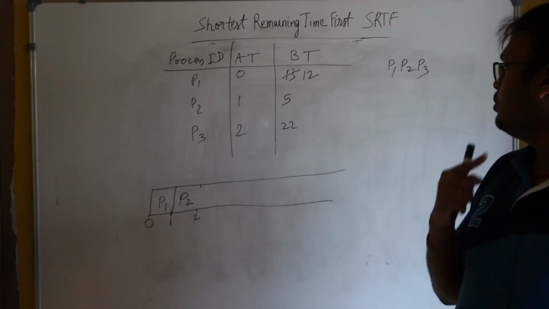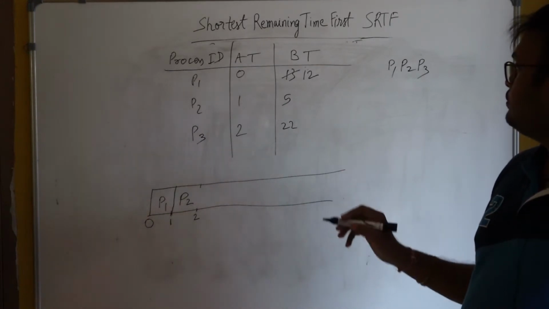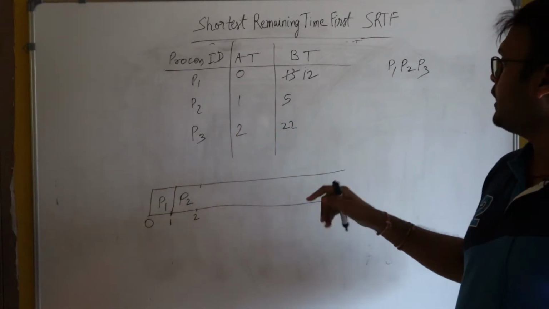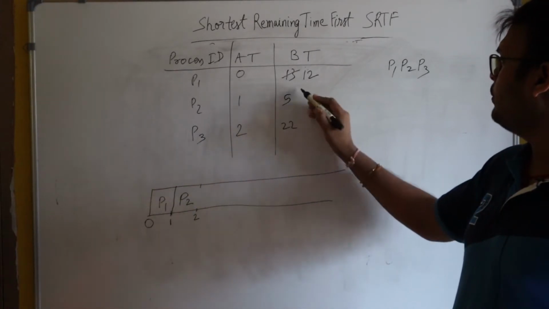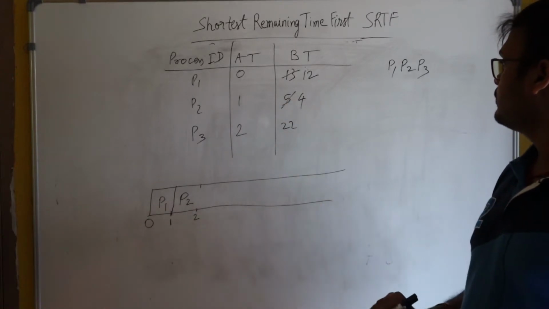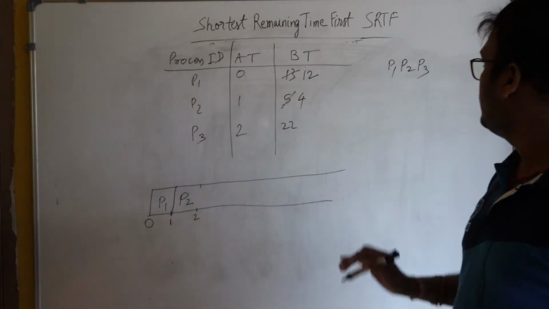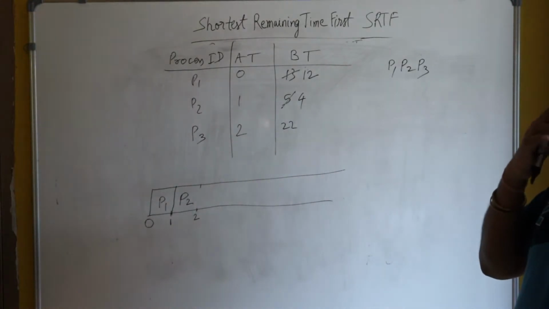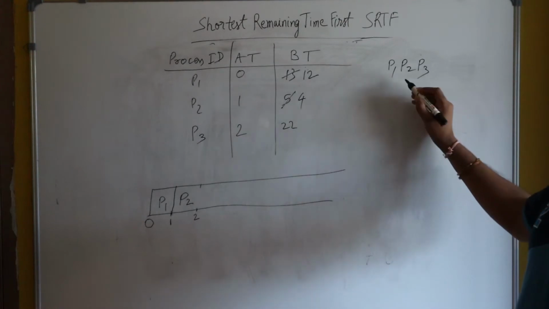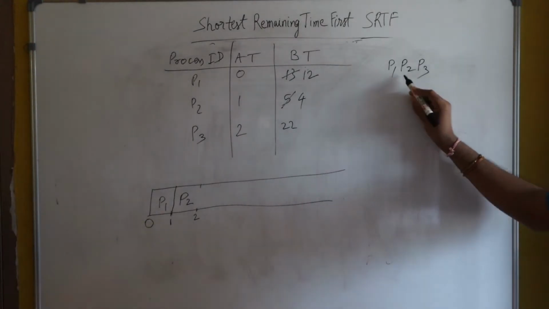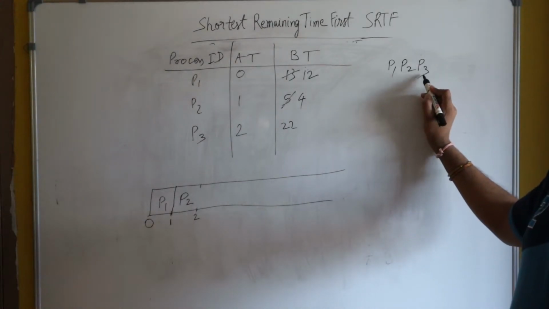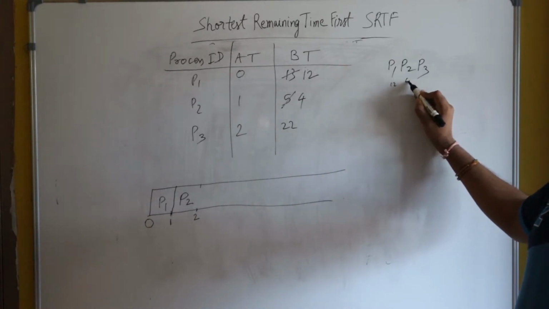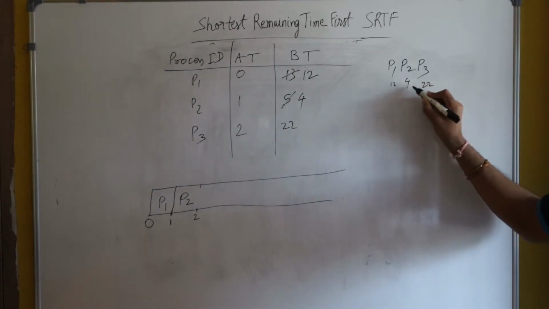Since P2 has executed for 1 second, how much time is remaining for P2? 4 seconds. Now since all 3 processes are available, you have to select the process with the lowest burst time. Among P1, P2 and P3: P1 has 12 seconds left, P2 has 4 and P3 has 22.